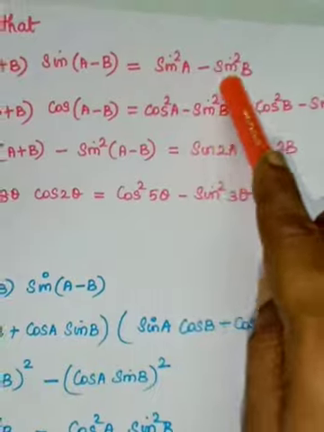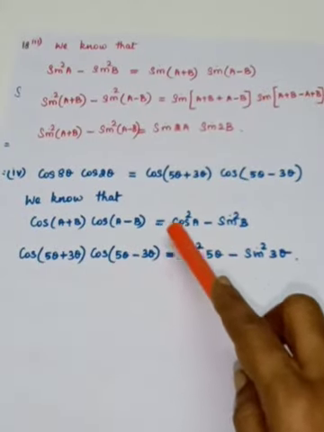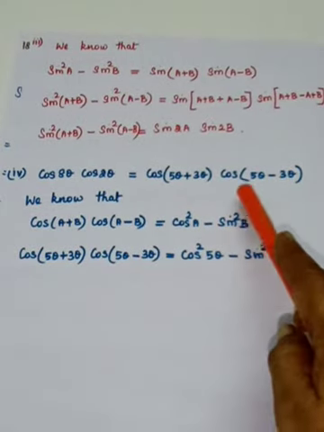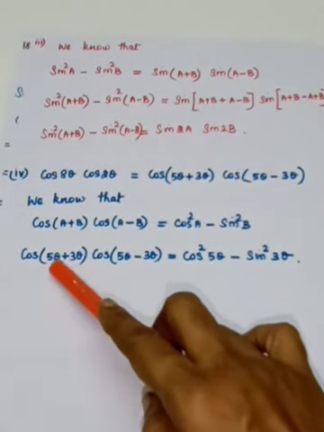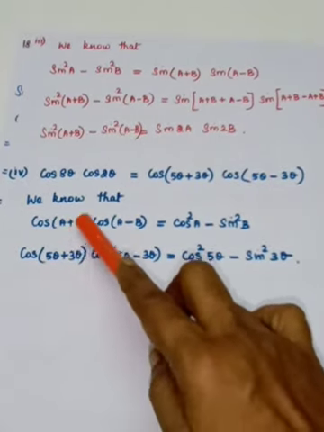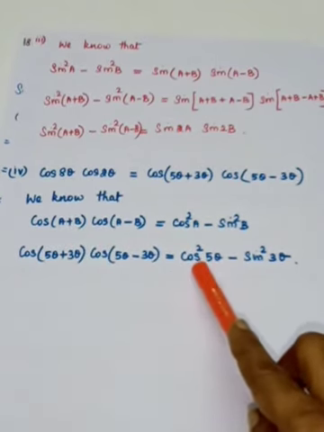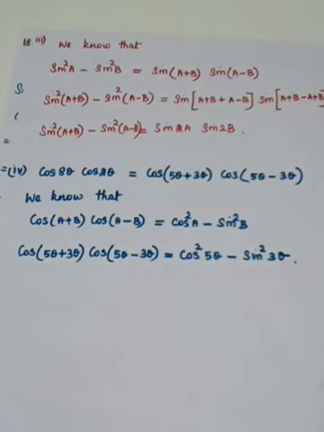This formula has to be chosen: cos(a plus b) into cos(a minus b) is equal to cos squared a minus sin squared b. So the same formula has to be applied for this term. In the place of a you are having 5 theta, in the place of b you are having 3 theta. So your answer will become cos squared 5 theta minus sin squared 3 theta.